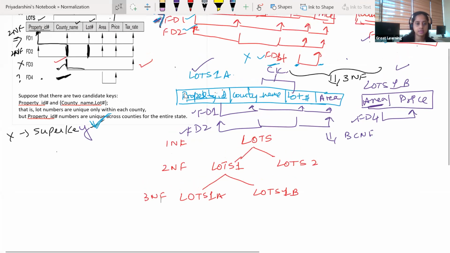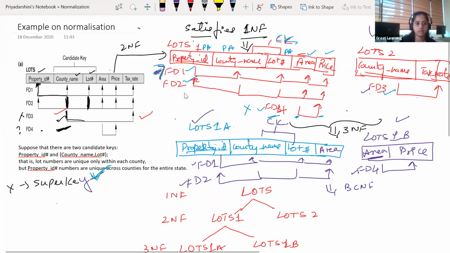Shall I clear? Oh, sorry, I'm not able to see the message.